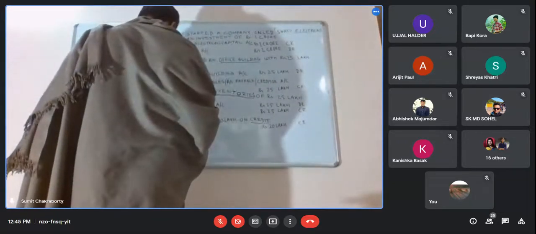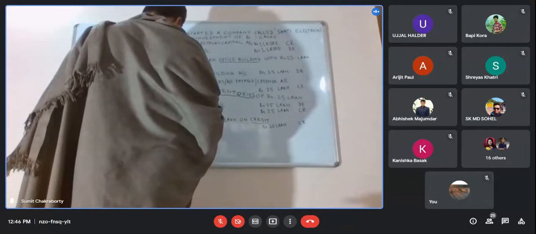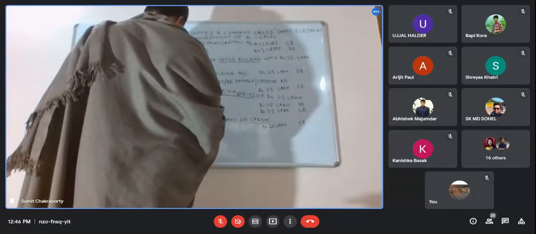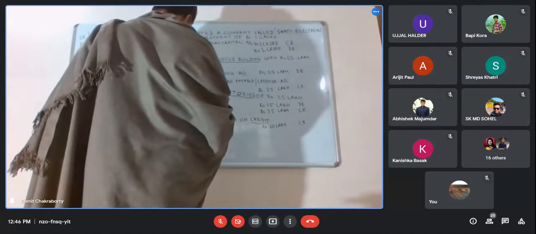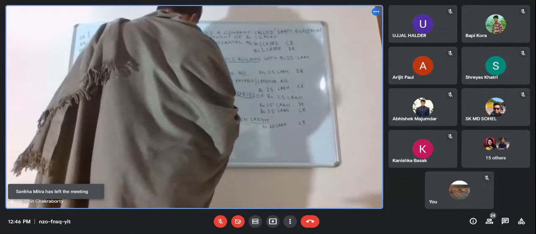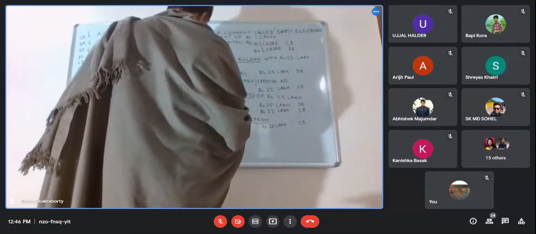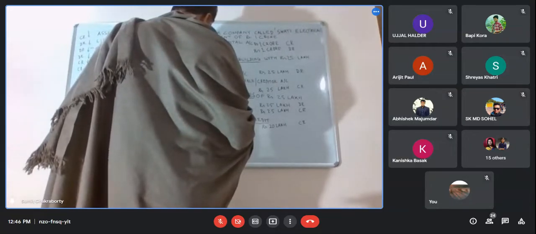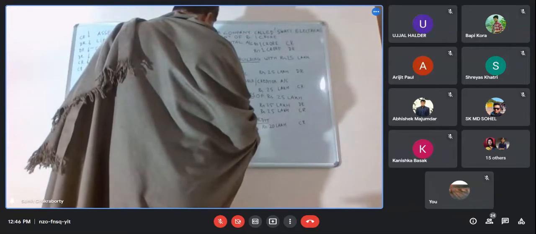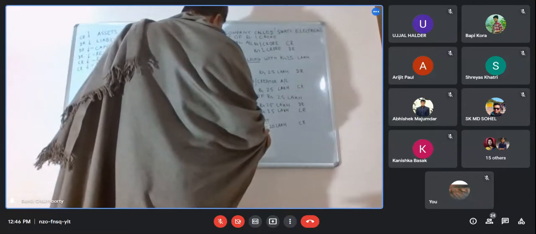B, bills receivable, accounts receivable, debtors.